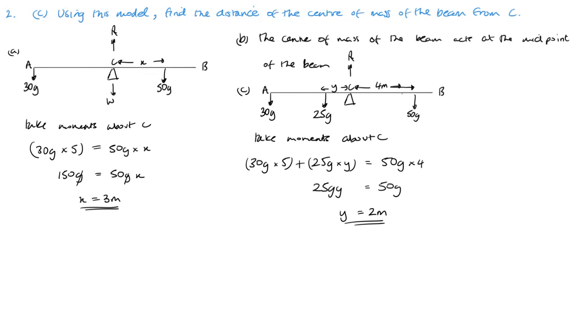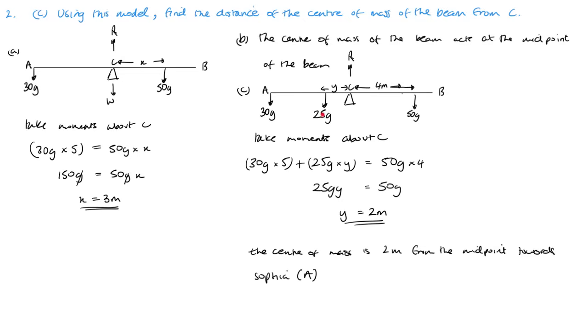Now, I don't need to say where it is because I have labelled it on my diagram, but I can say, you know, the centre of mass is 2 meters from the midpoint towards Sophia, or end A. Okay.